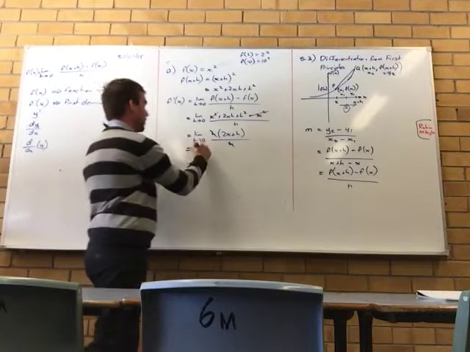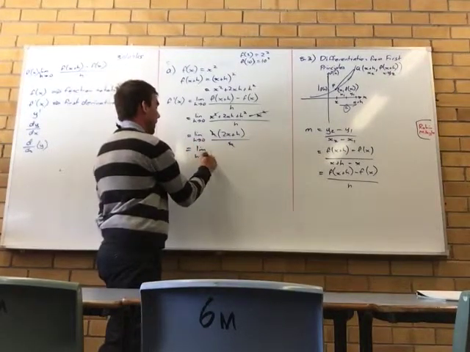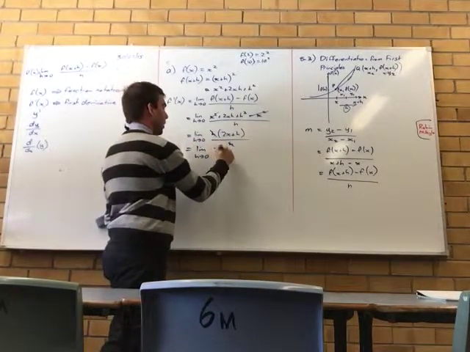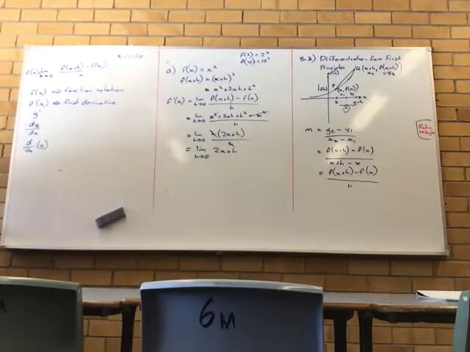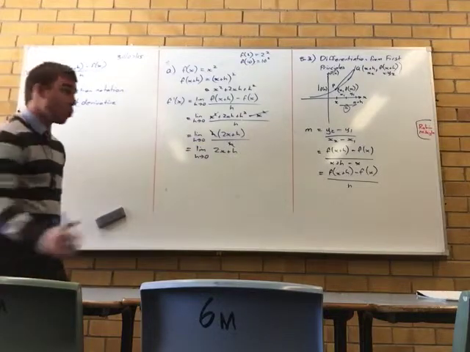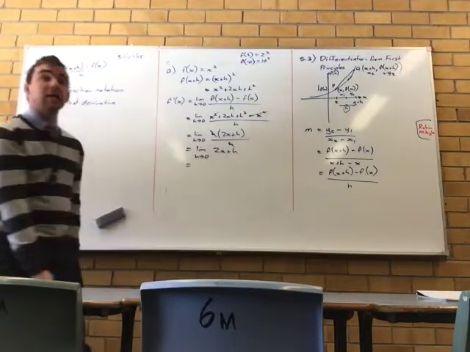Okay, so it equals the limit as h approaches 0 of 2x plus h. Now we can substitute in 0 for h, and that's what taking the limit is. We'll look at that in more detail in a couple of weeks, but for now we'll just understand the process.